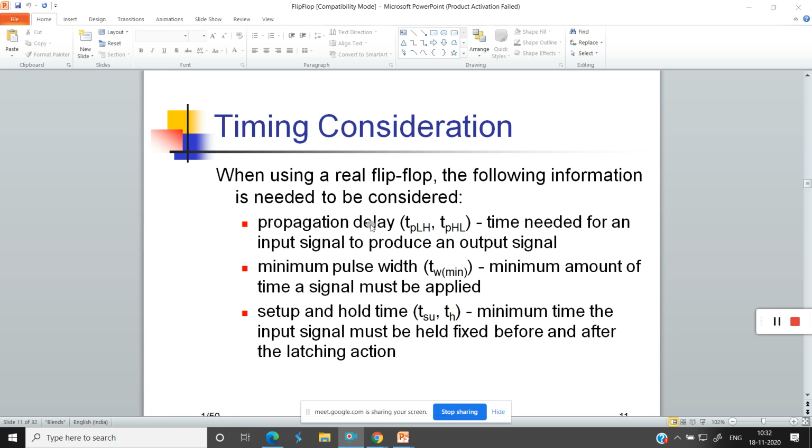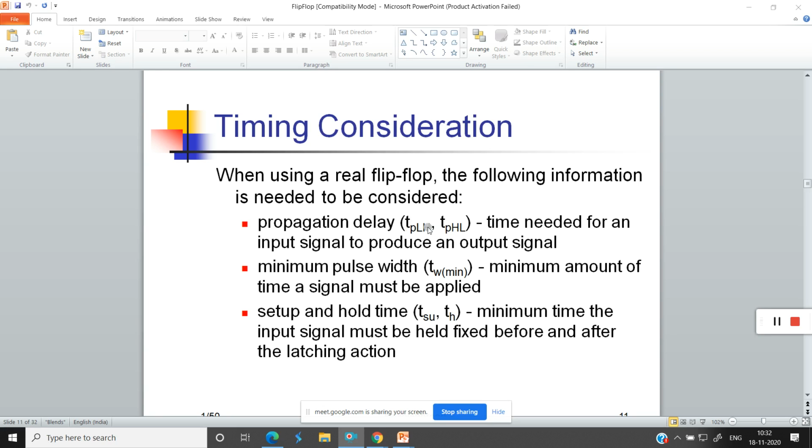The propagation delay may be for the input changing from low to high, or from high to low.